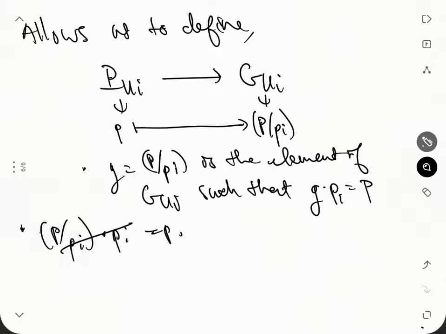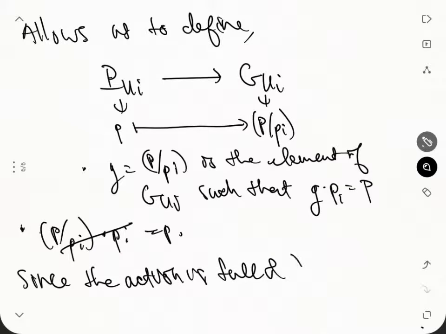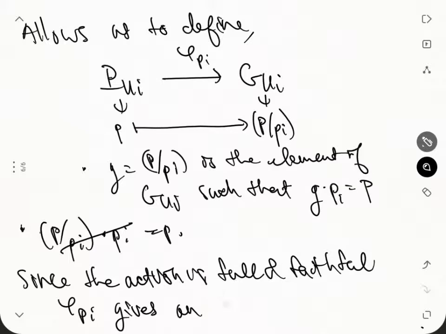Okay, and since the action is full and faithful, this map here, let's call this phi Pi, gives an isomorphism.